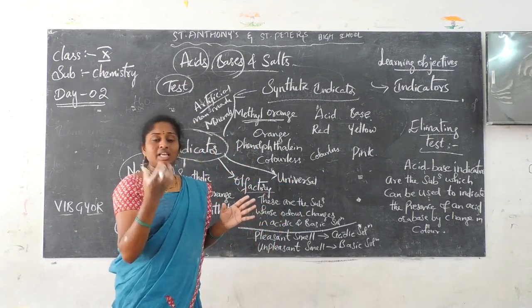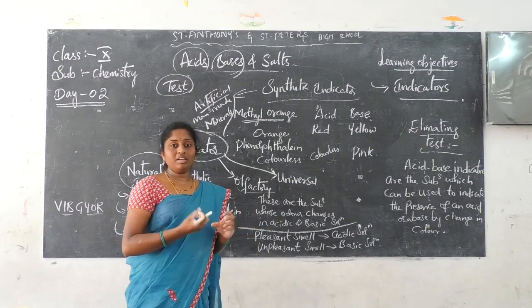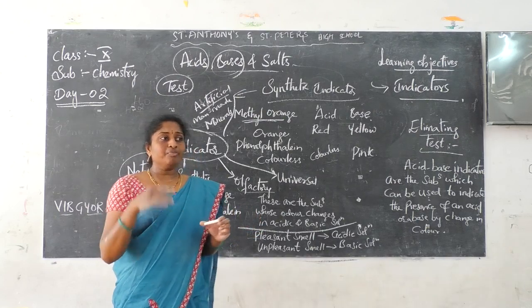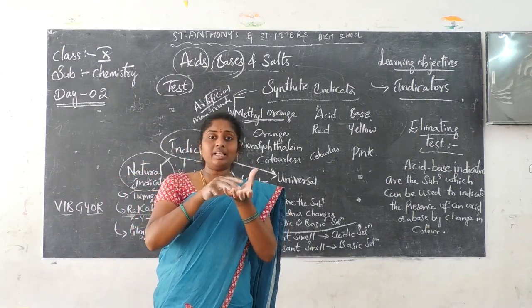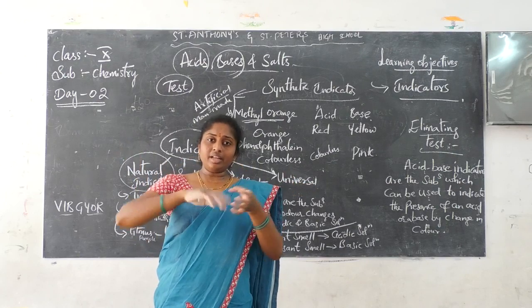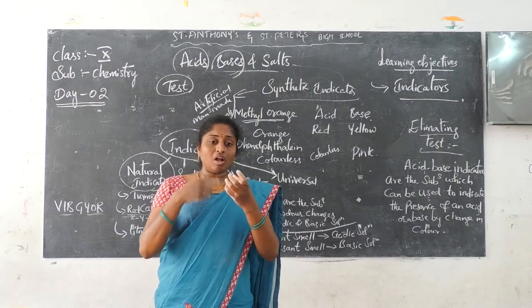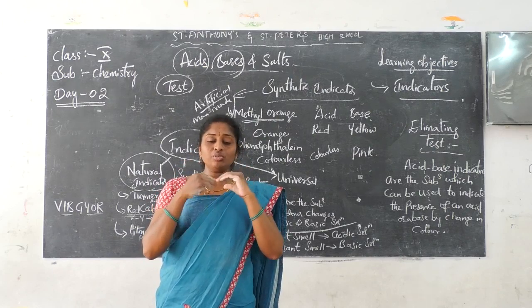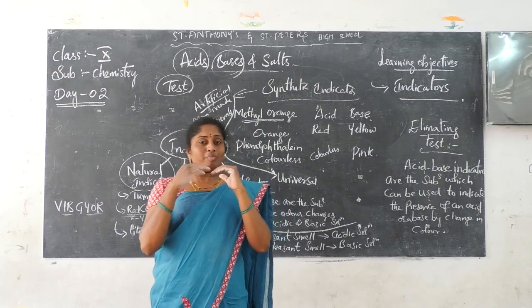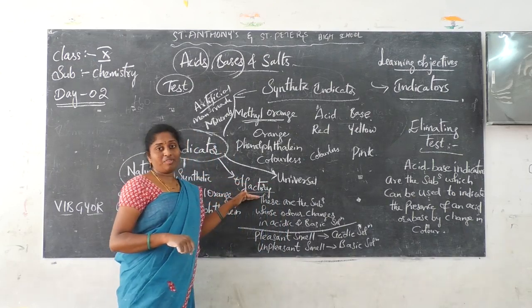So this is also an example to understand the olfactory indicator. And not only that, cloves. Take the container and remove all the cloves from it. Even after the bottle is empty, you can see the smell is present. By this you can understand the olfactory indicator.